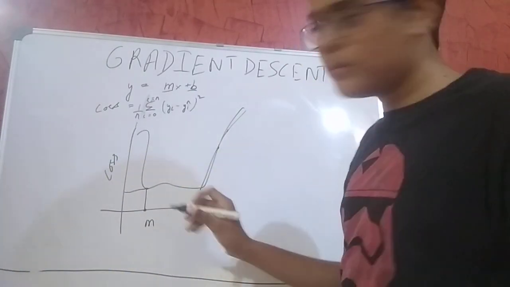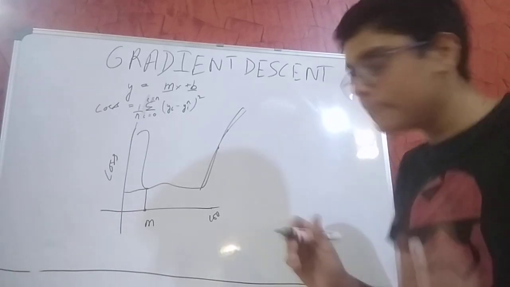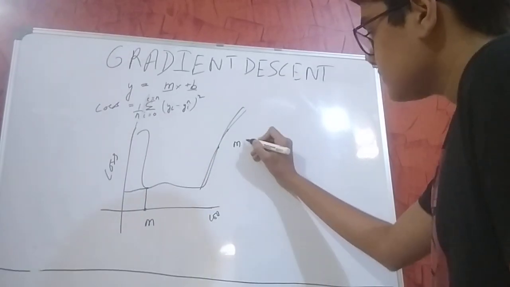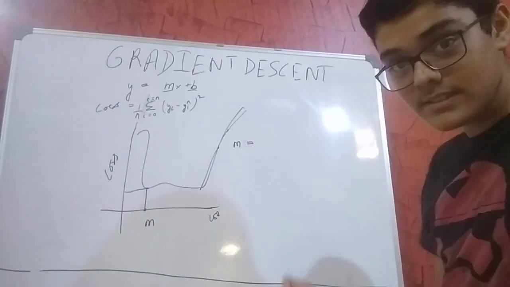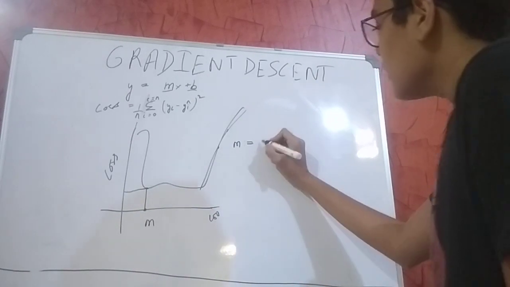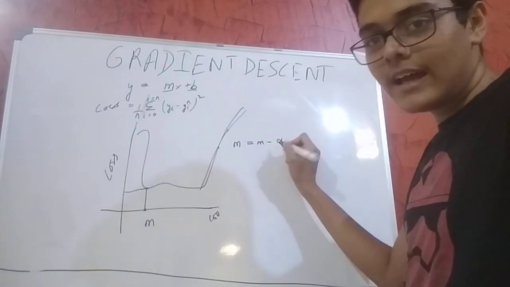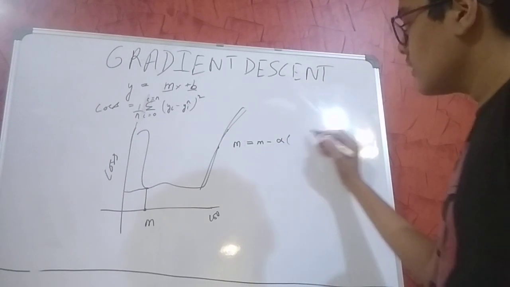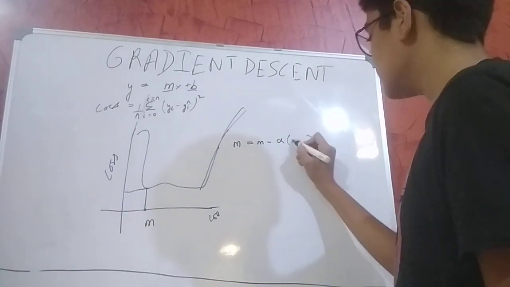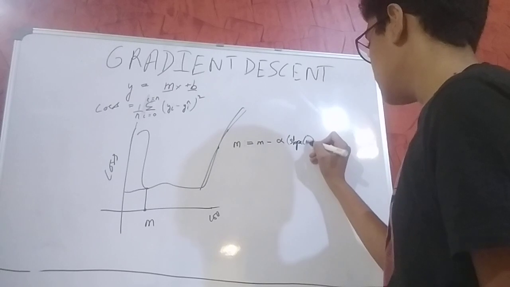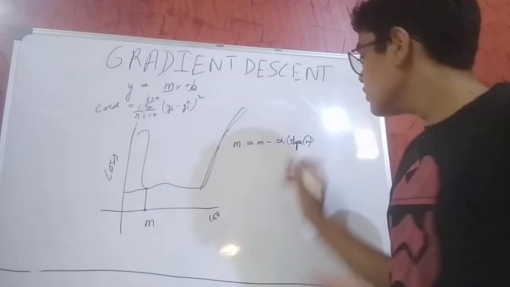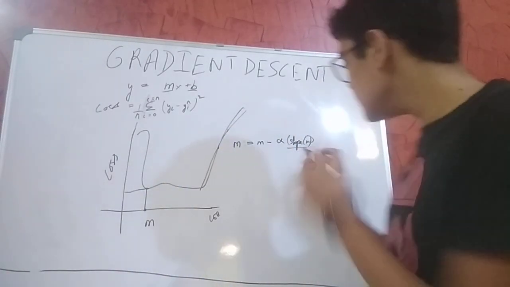So now I'm going to define an update function of M. M equals updated M minus alpha, which I'm going to define later on, times the slope of M. Let's look through this.